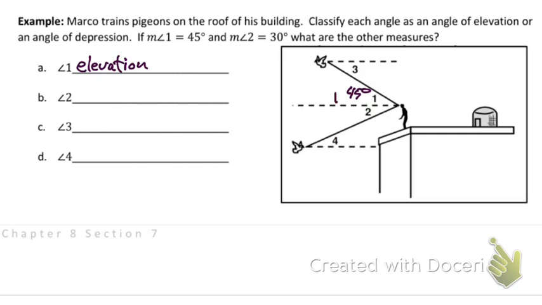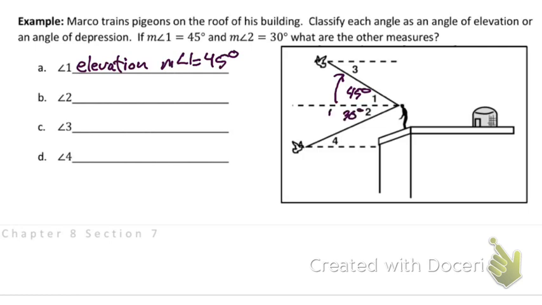That would be his angle looking up at that particular pigeon. So that one is 45 degrees and it's an angle of elevation. I guess we should also put measure of angle 1 equals 45 degrees because we are going to list all the other ones.